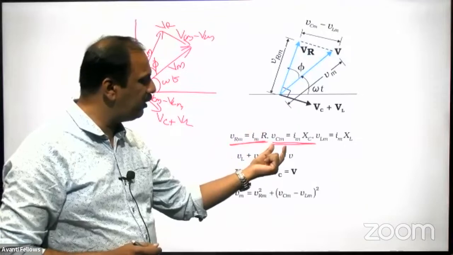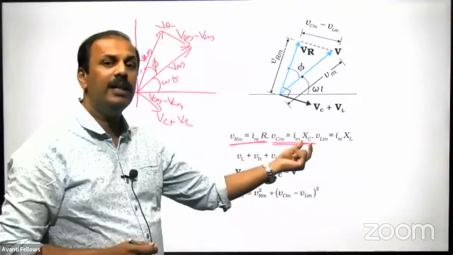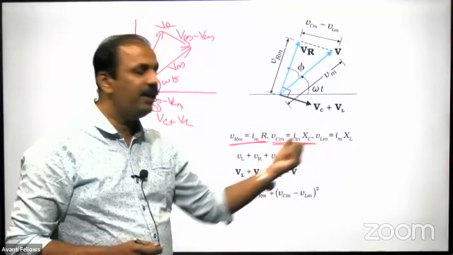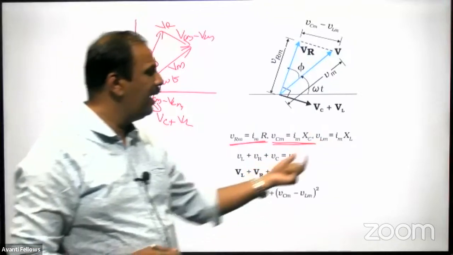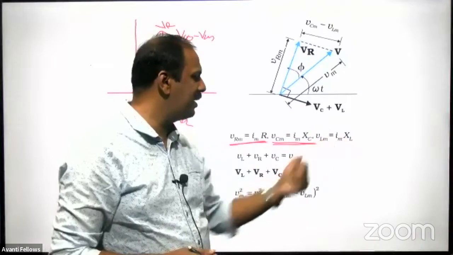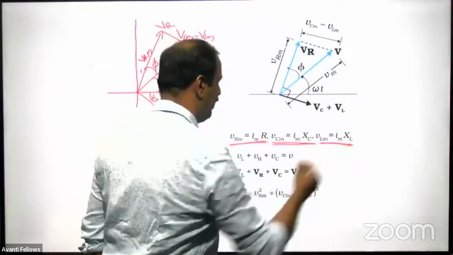And maximum voltage across capacitor will be maximum current into, instead of resistance, the capacitive reactance. So Im into Xc. And across the inductor, the maximum voltage will be the maximum current into the inductive reactance XL. Just like V is equal to IR, same format only, you will get all these three.